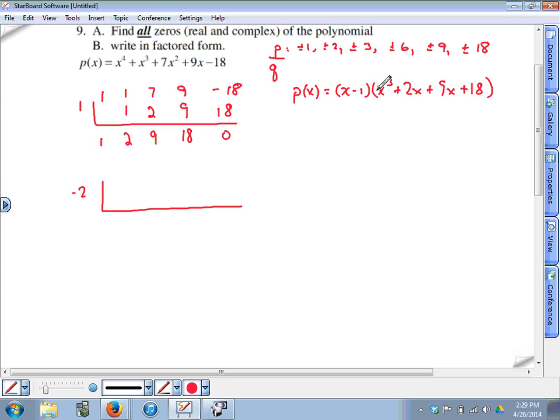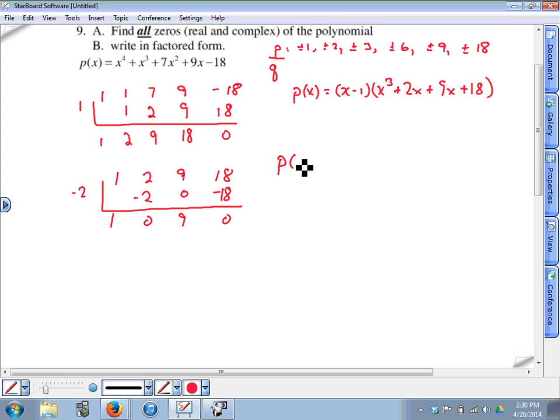So I'm going to choose -2, but then I'm going to use the coefficients from this reduced polynomial, which are just these numbers right here: 1, 2, 9, 18. And since we have a remainder of 0, that proves that -2 is a 0 of the polynomial, and we have another reduced polynomial here.